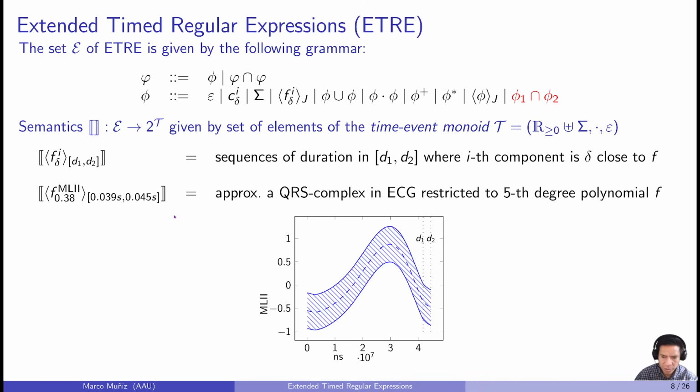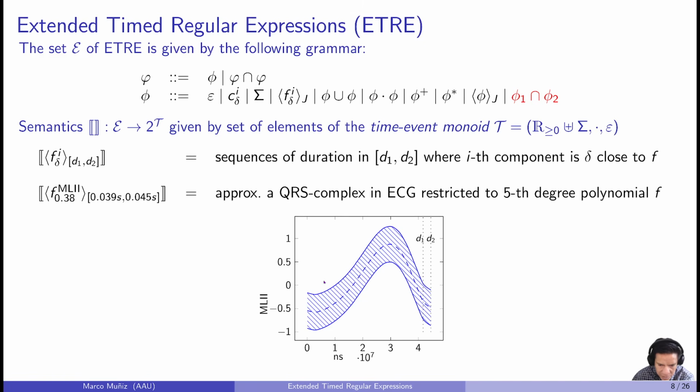For example, for detecting the arrhythmia, maybe it is better to use a polynomial to describe the heartbeat. So we are going to use this 5th degree polynomial to describe this heartbeat.